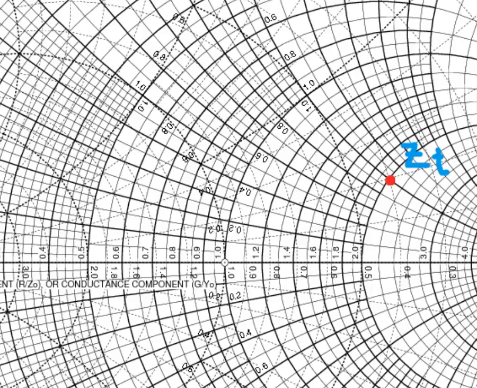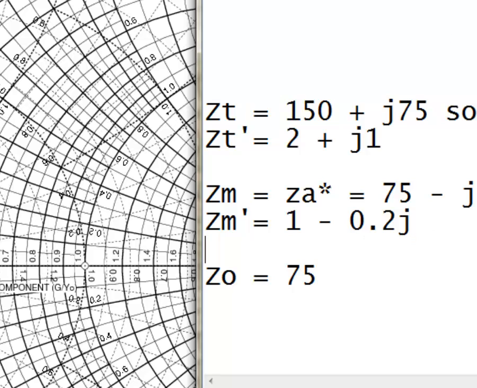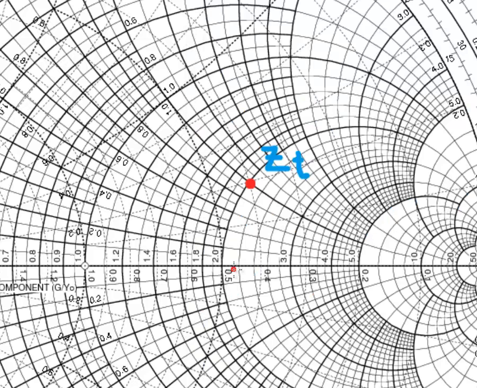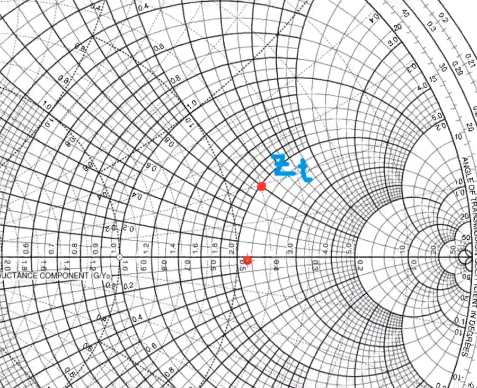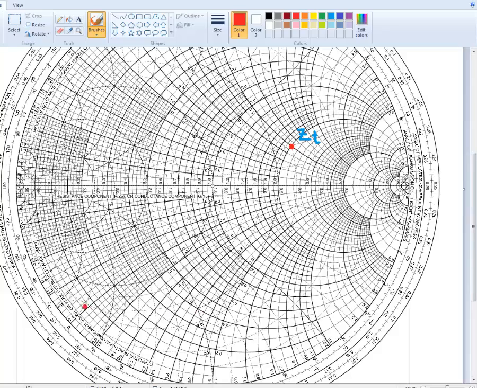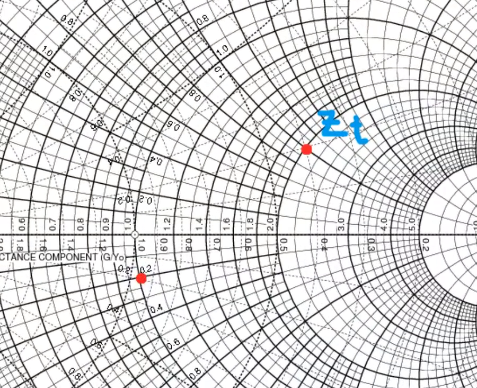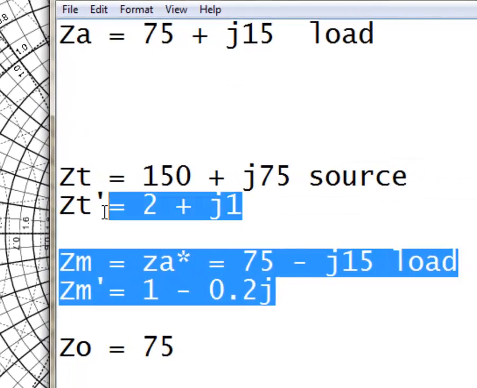Our second point was 1 minus 0.2j. We have to plot this 1 minus 0.2j, where the 0.2 would be coming somewhere over here. This is the point for ZA conjugate. We have plotted these two points on the Smith chart.